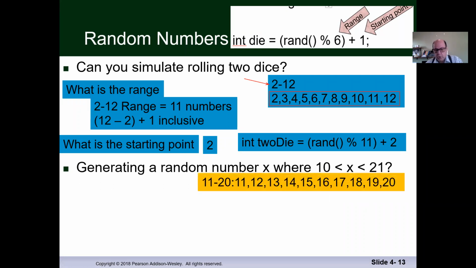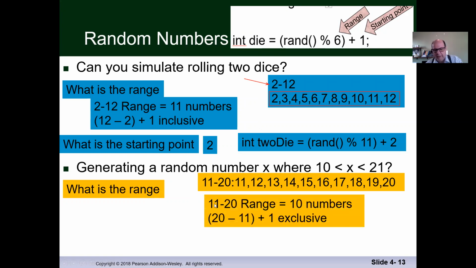So 11 to 20 is going to create these numbers. Now, what is the range? I'm going to exclude 10 and 21, so I'm going to have 11 to 20. I can use the same thing that I was doing up there: 20 minus 11 gives me 9, plus 1 is going to be 10.